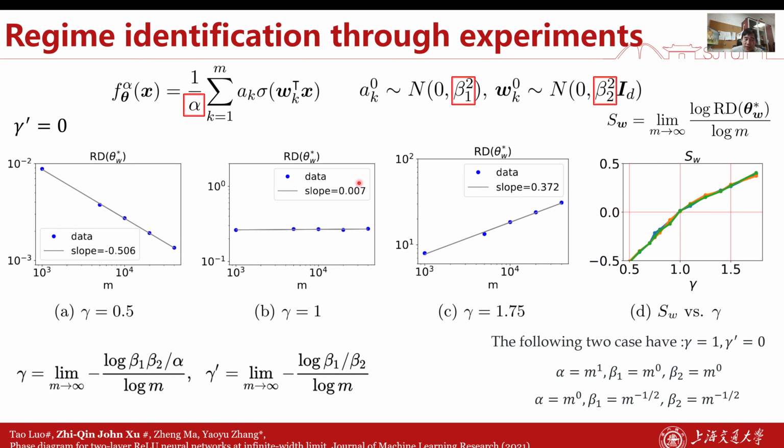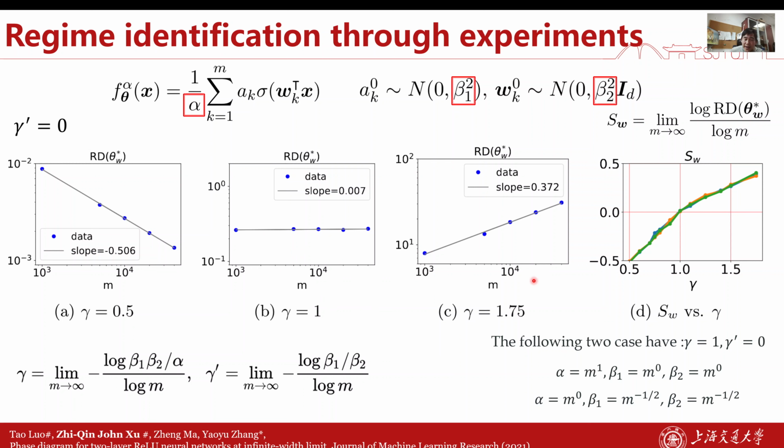For the critical regime, gamma equals 1, as the network width changes, the relative distance of this input weight always stays very similar. It's independent of the network width.